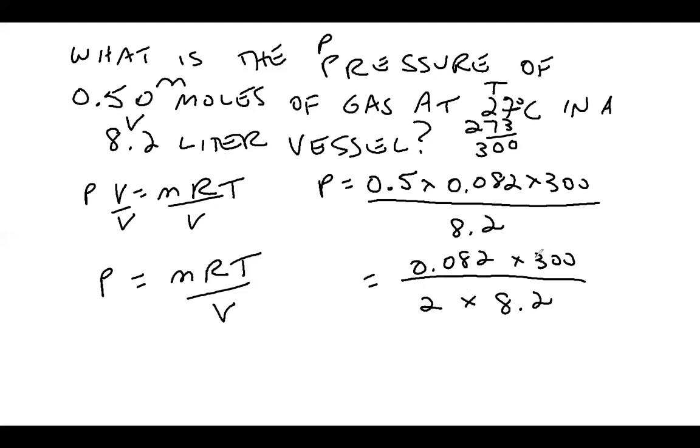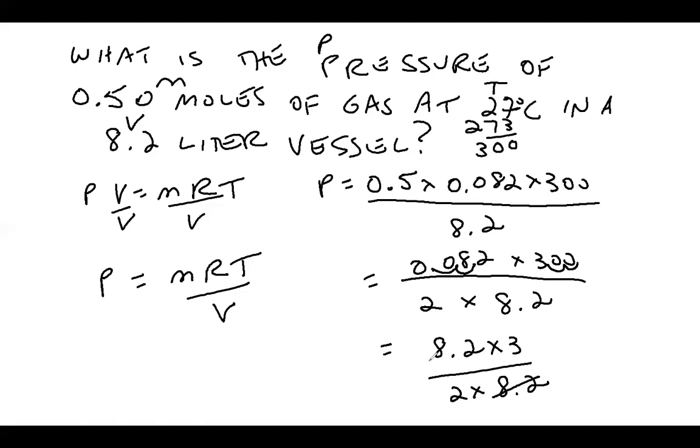One of the things you can do, this is times 300. I can move this decimal point over 2 because that's dividing by 100, and move this decimal point forward 2 because that's multiplying by 100. So now I have 8.2 times 3 over 2 times 8.2.